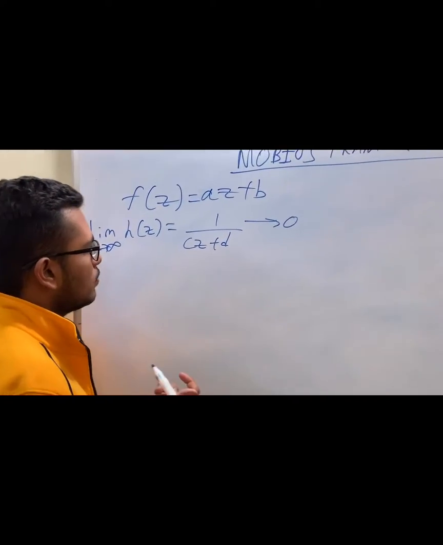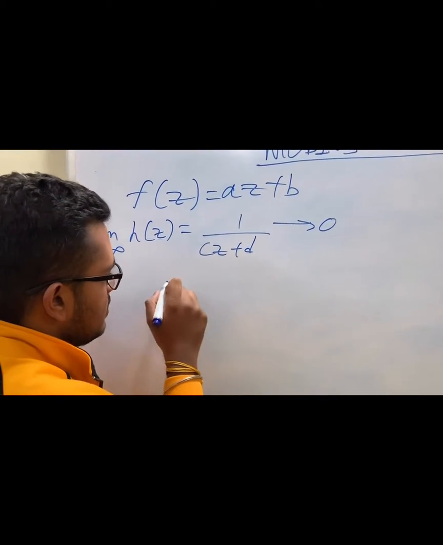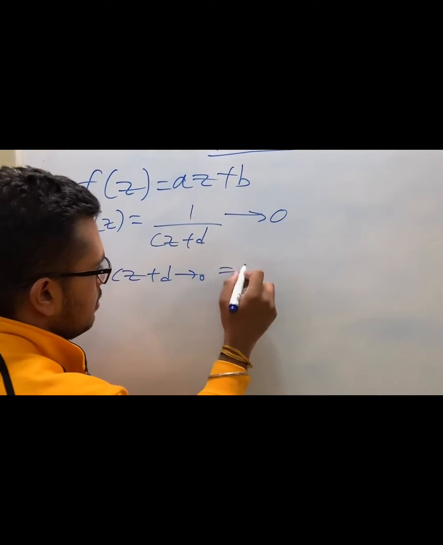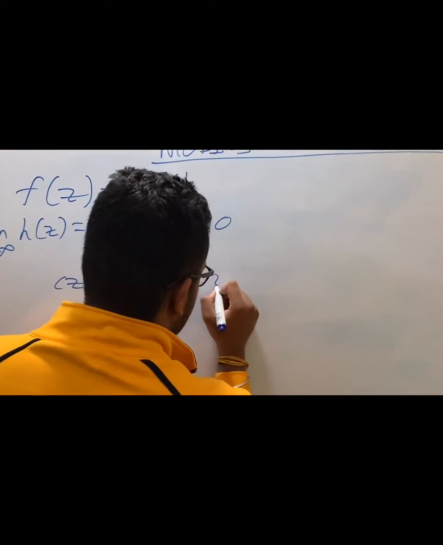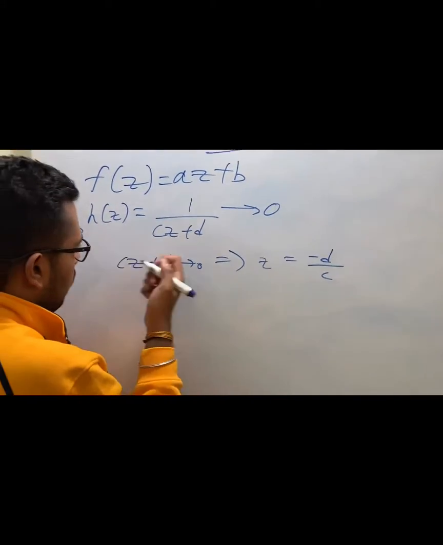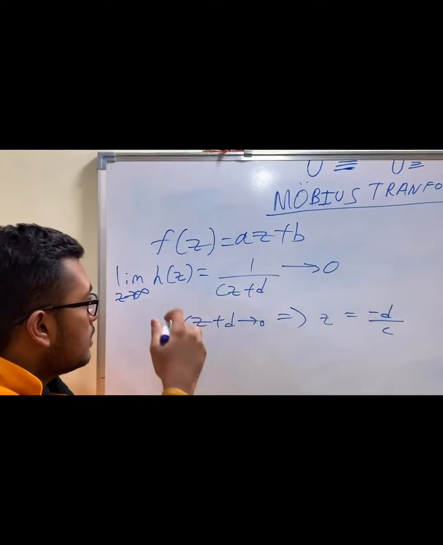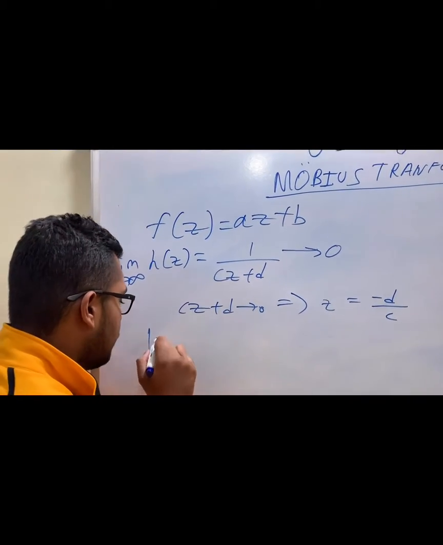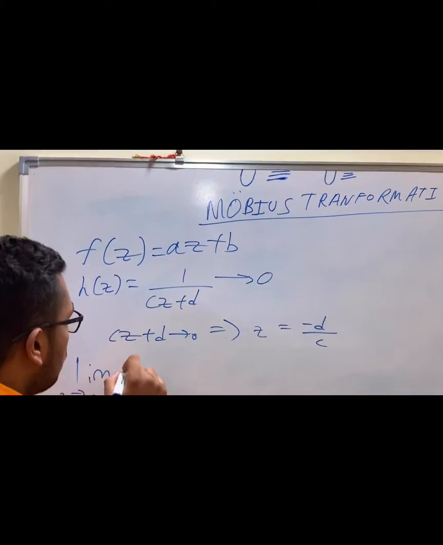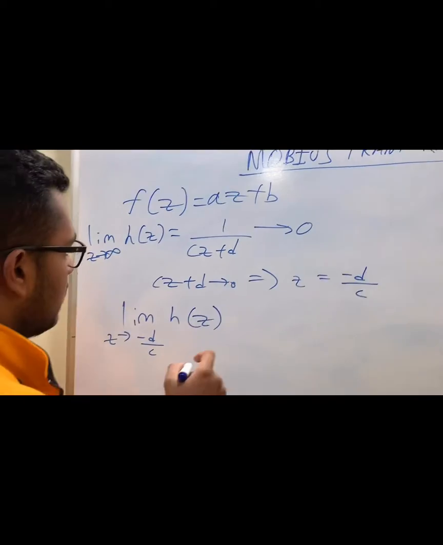Also, consider what would happen if cz plus d goes to 0. As that happens, z would have to go to minus d by c, and obviously, if the denominator tends to 0, h of z would tend to infinity. So the limit of z tending to minus d by c of h of z would tend to infinity.